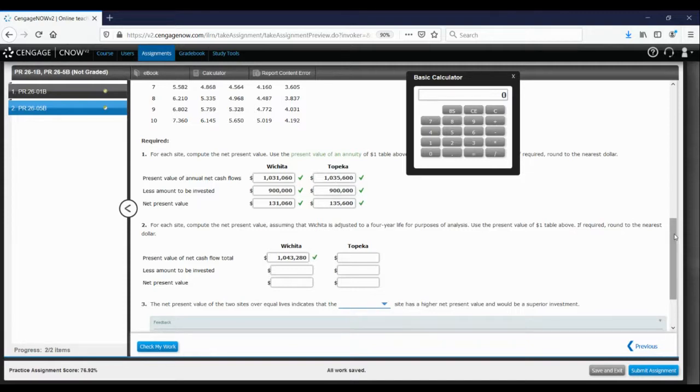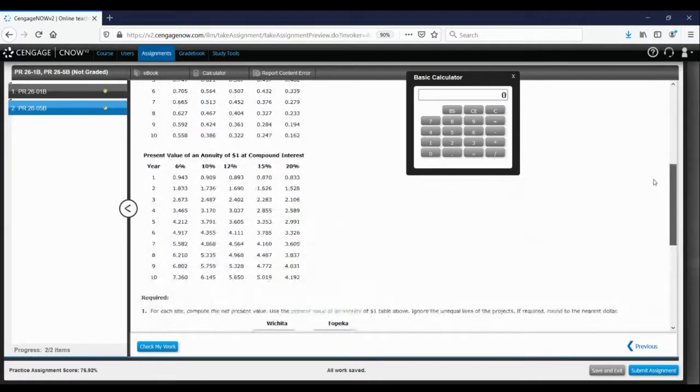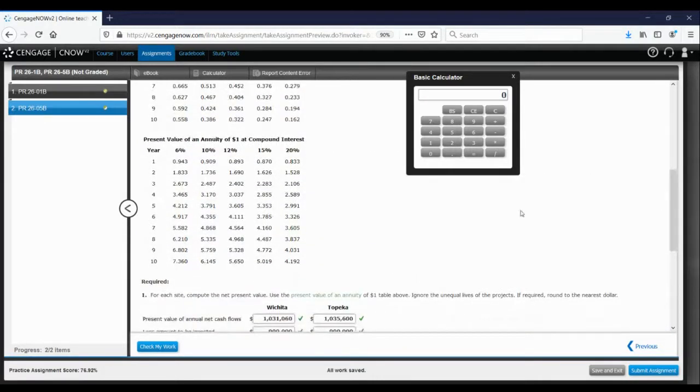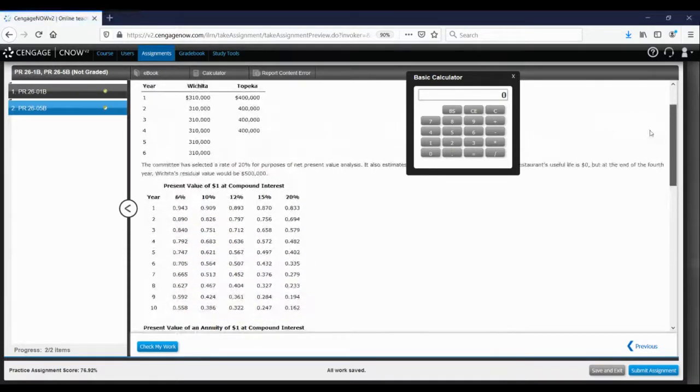But for some reason, when they calculated their present value of the annuity dollar tables, some of these were not rounded in the same way. So there's a little bit of a rounding error. So you're going to get the wrong answer if you don't use the present value of a dollar table.